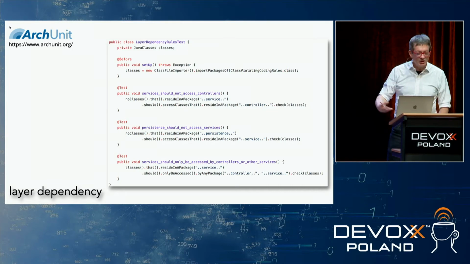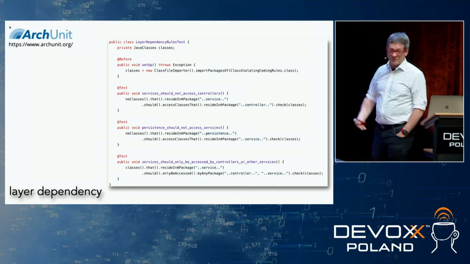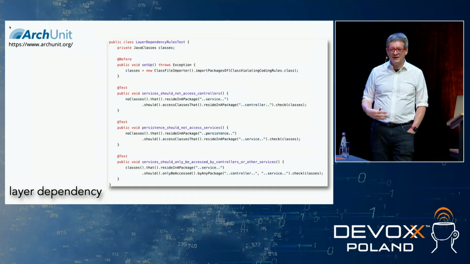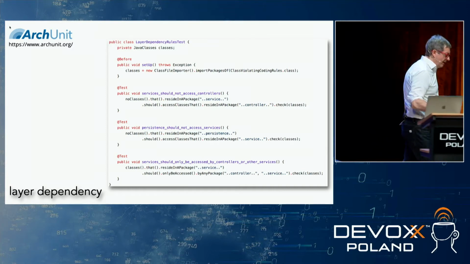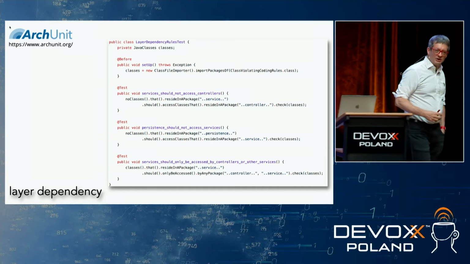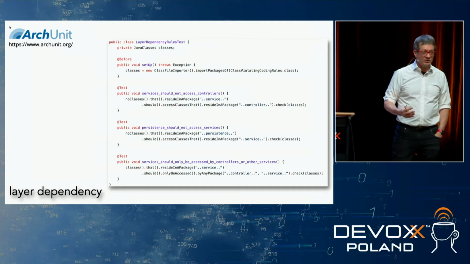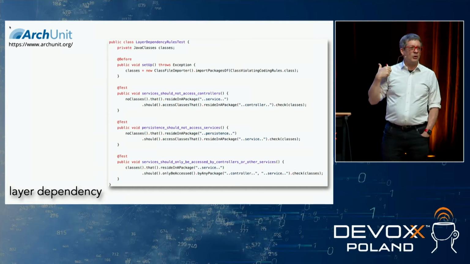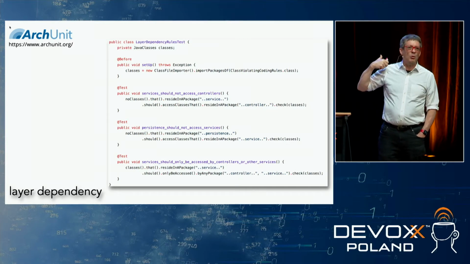Well, one of your other jobs as an architect is governance. Once you've created a design, how do you maintain that design? And this is the realm of my book from two books ago, Building Evolutionary Architectures, and the idea of architectural fitness functions. And here's an example of one, written in a tool for Java called ArchUnit, that allows you as an architect to define rules about what layers can talk to one another or not.